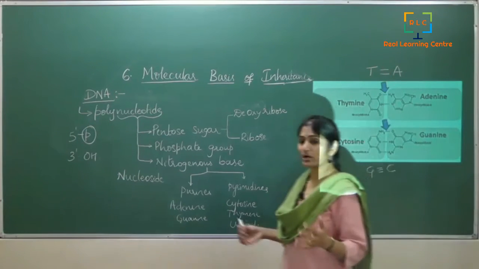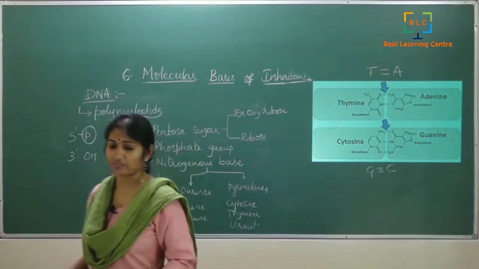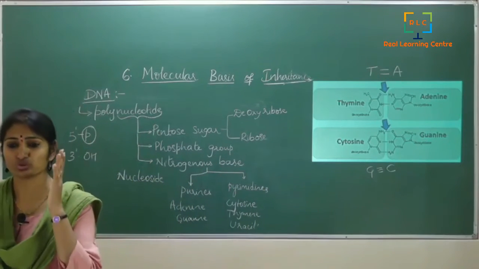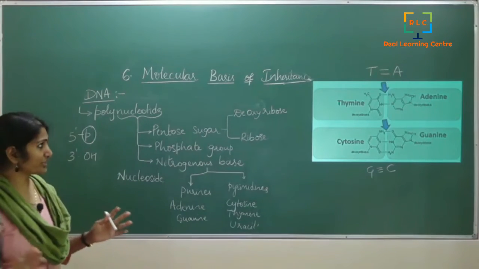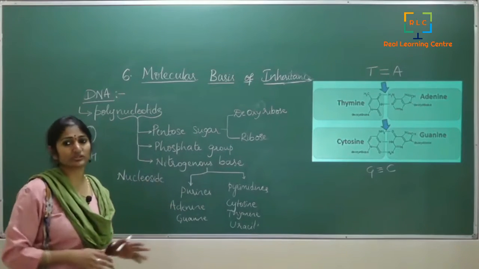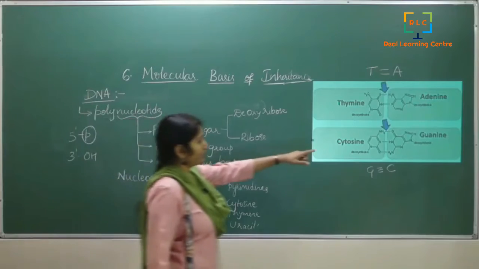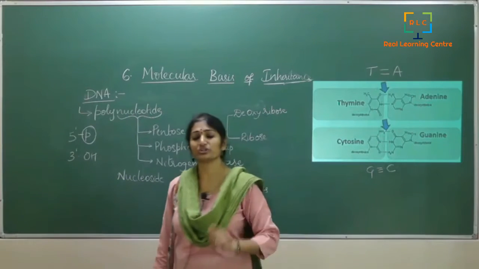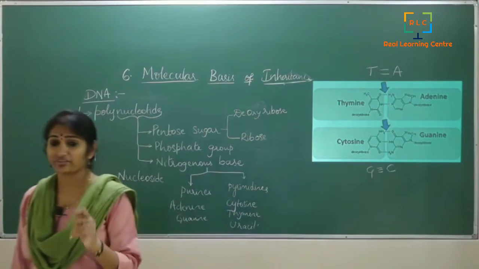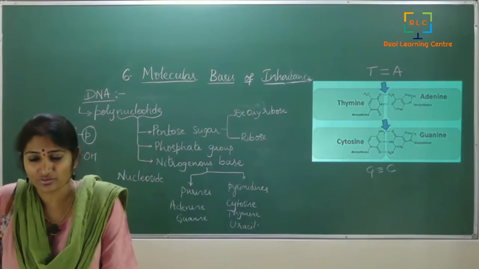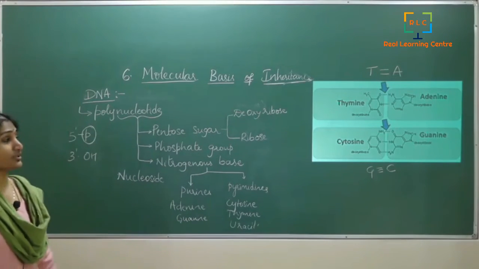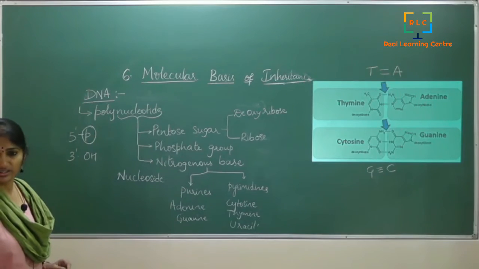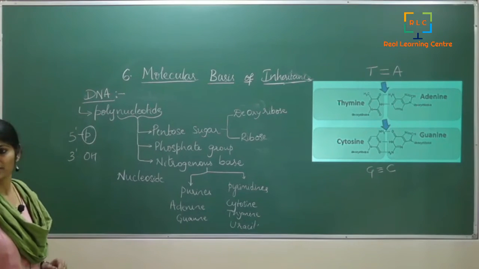So in a polynucleotide chain, and when we are talking about the DNA, we have two polynucleotide chains, and these two polynucleotide chains are held together by the hydrogen bonds formed between the nitrogenous bases. And these nitrogenous bases are so specific that always A pairs with T and G pairs with C. Right?